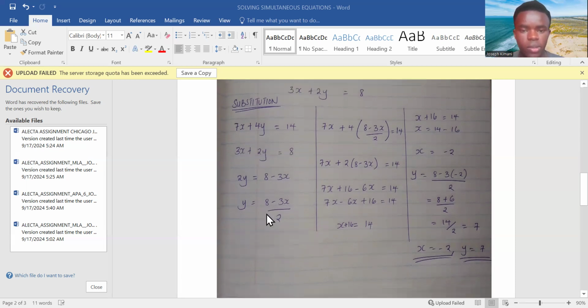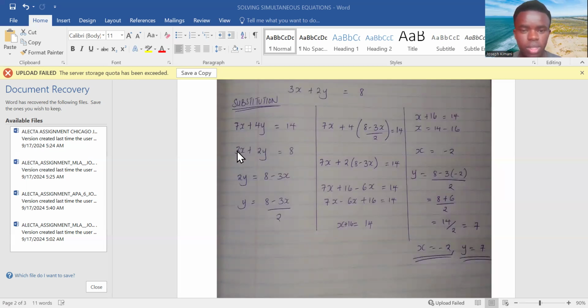Now, if you take this one, I want to find the value of y from this 2y. Now, being that 3x plus 2y equals 8, 2y will be 8 minus 3x. What have I done? I've moved this 3x here to the other side. And whenever a number crosses the equal sign, you always know that the sign is going to change.